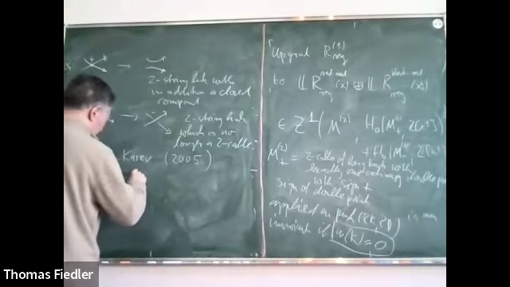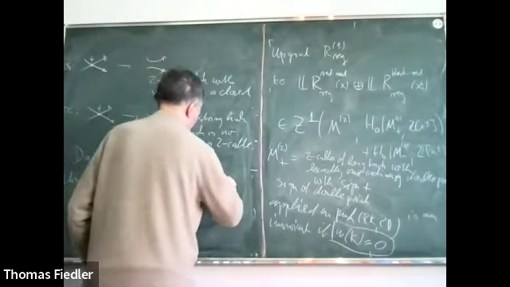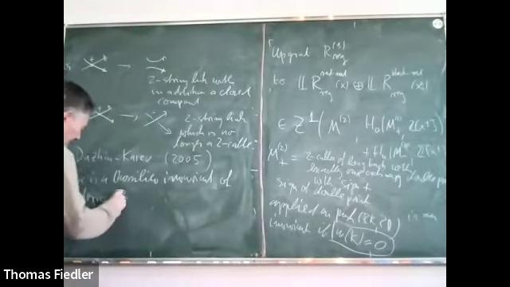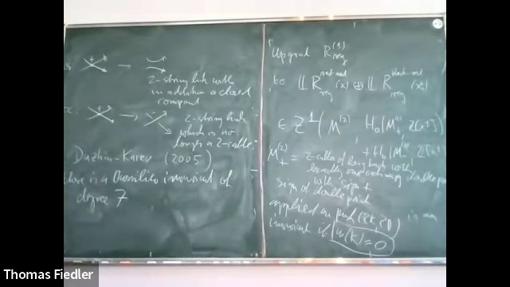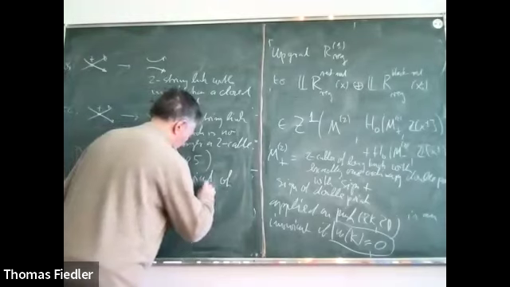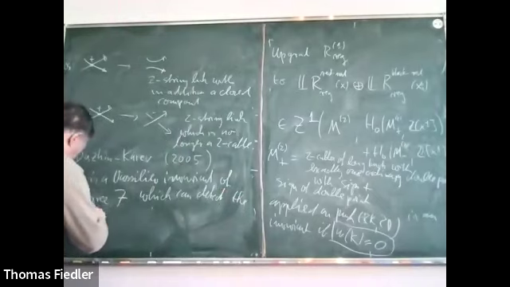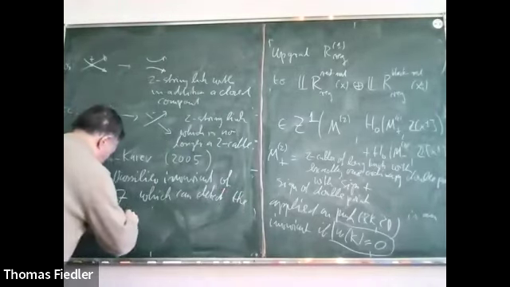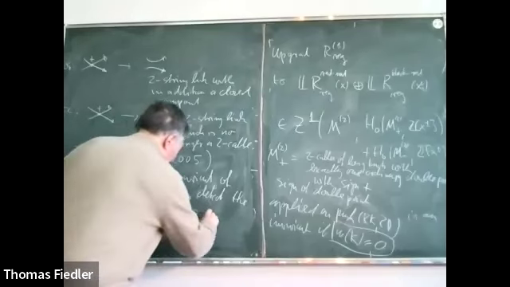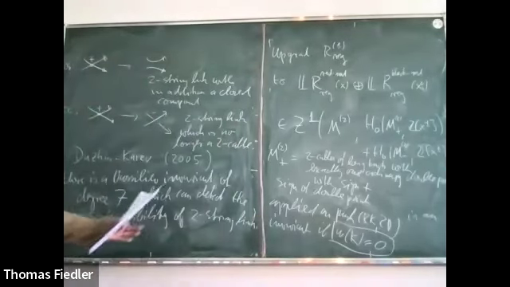Of degree 7, so it's not a high degree. One can write it explicitly, of degree 7, which can detect the non-invertibility of two string links which are not two cables.